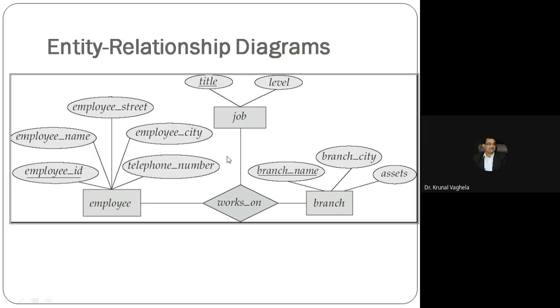So what I mean to say is, it is not only possible that there is a relationship between two entity sets, but the relationship may involve more than two entity sets also. This type of relationship is called a ternary relationship set. Two is binary, three is ternary. Right?